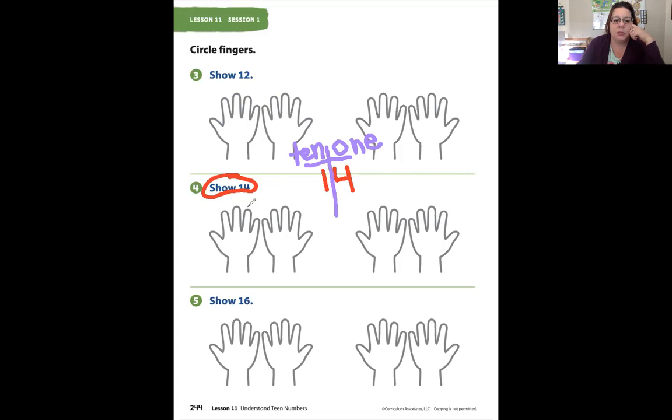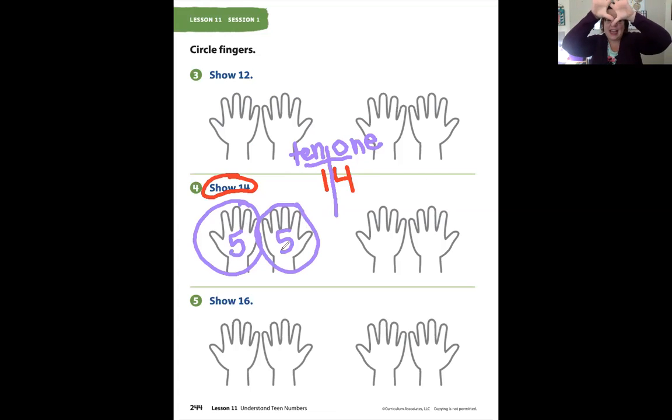And do you guys remember how many are here on this hand? 5. There are 5 fingers. How many are here on this hand? 5 fingers. And we know that our addition double, 5 plus 5 equals 10. Again, we have a total of 10.